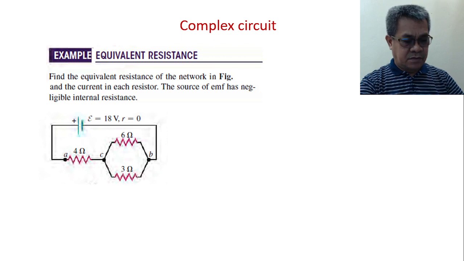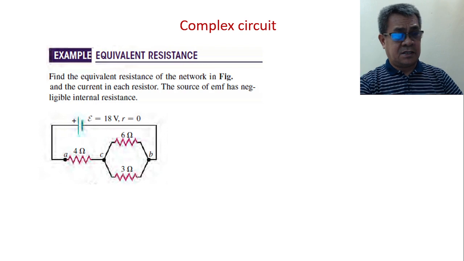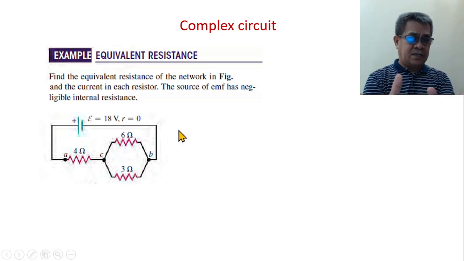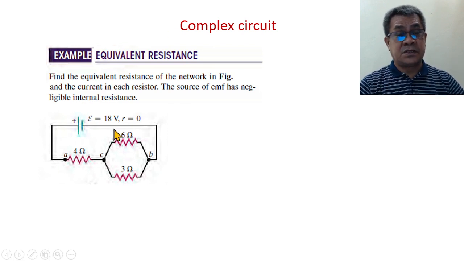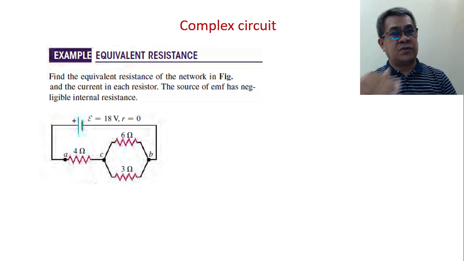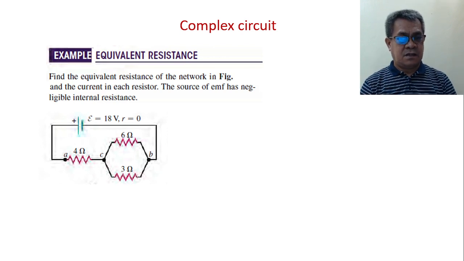What is the process? Okay, the process is very easy, very straightforward. All you need to do, from the complexity of the circuits, is make it simple, which means that you have to convert the complexity to simplicity. And the question is how.